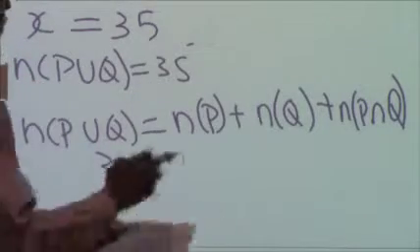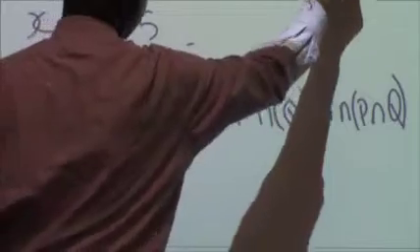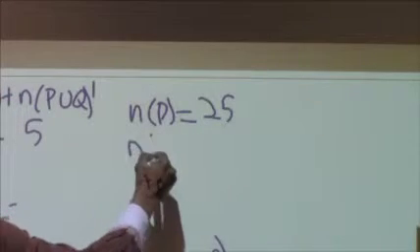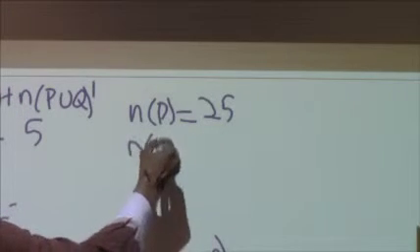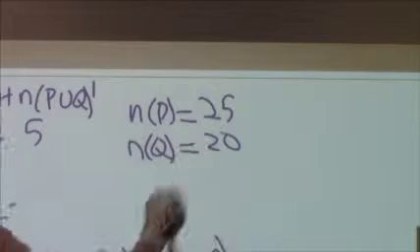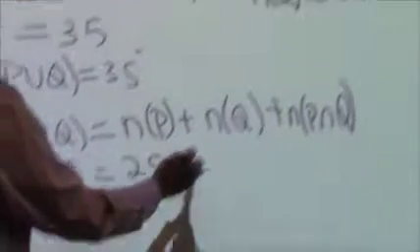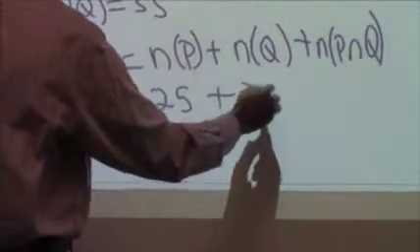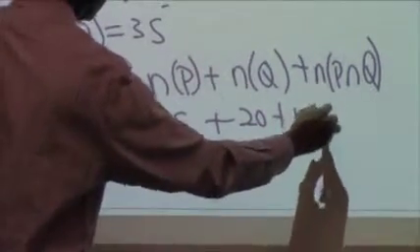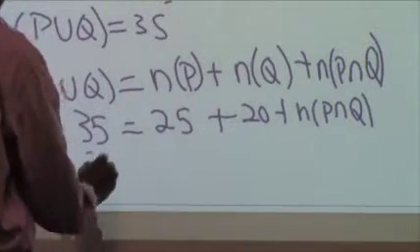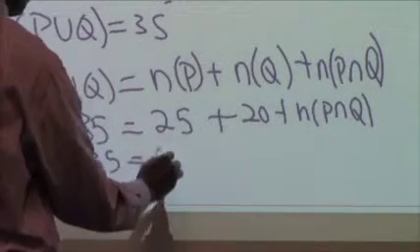If we go back to the previous page, we see that the number of elements in P was 25. The number of elements in Q was what? 20. So let's fill them in. Number of elements in P is 25. Number of elements in Q is 20. Plus the number of elements in P intersect Q. So if we add this up, we're going to get 35 equals 45.